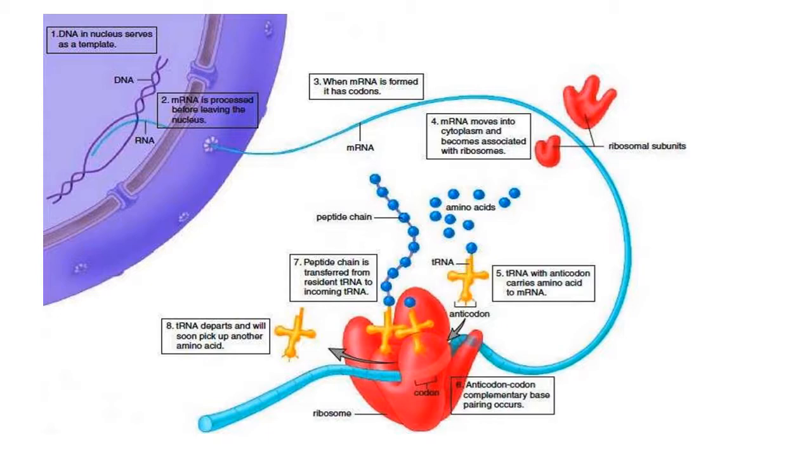During translation, the ribosome comes and attaches to mRNA, and then tRNA comes and lands on the ribosome or mRNA with specific amino acids, and the ribosome makes peptide bonds between amino acids to form a peptide chain or protein.